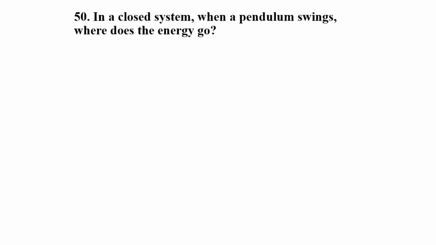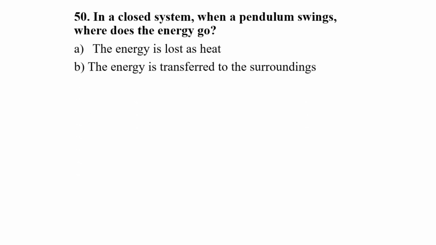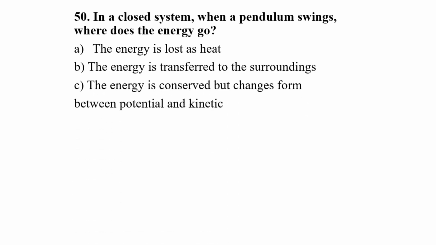Question number 50. In a closed system, when a pendulum swings, where does the energy go? A. The energy is lost as heat. B. The energy is transferred to the surroundings. C. The energy is conserved but changes between potential and kinetic. D. The energy disappears.